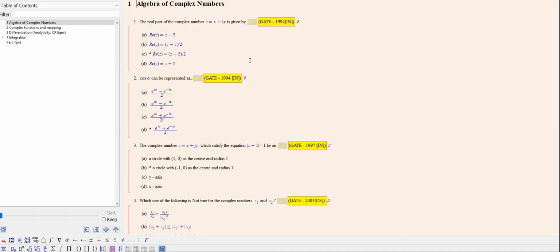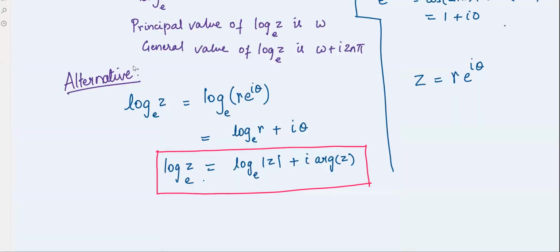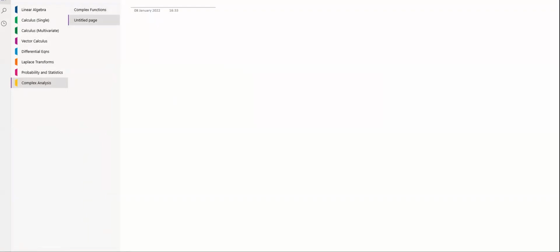So now look at this part, basic complex numbers and complex functions. So practice problems. We will start.